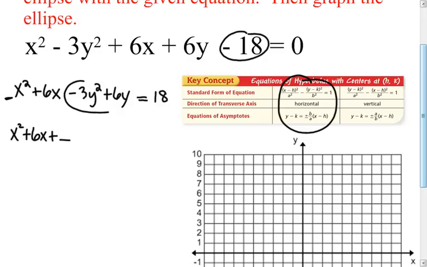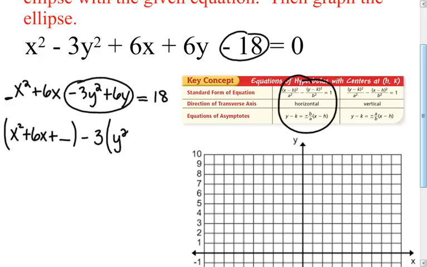Then out of these, I am going to factor out a negative 3y, okay? So I'm actually going to put this in parentheses just to clean it up right here. I'm going to factor out a negative 3, okay? And then negative 3 here, I'll have y squared, okay?